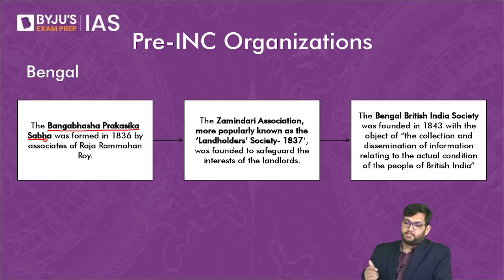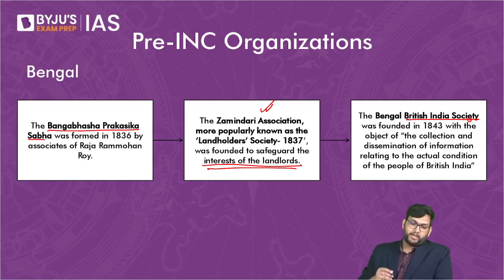Basically, this was a Zamindari association to safeguard the interests of landlords. And the culmination of this first phase comes with the Bengal British India Society, which was about collection and dissemination of information about what the people were doing.